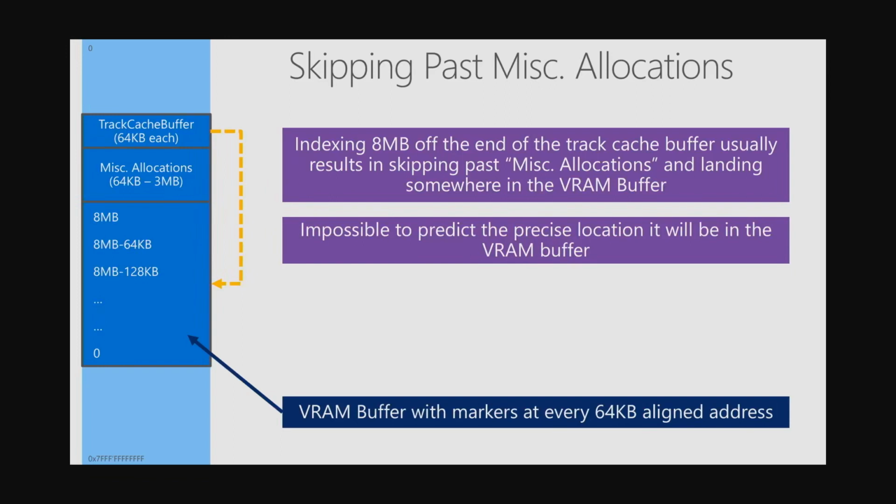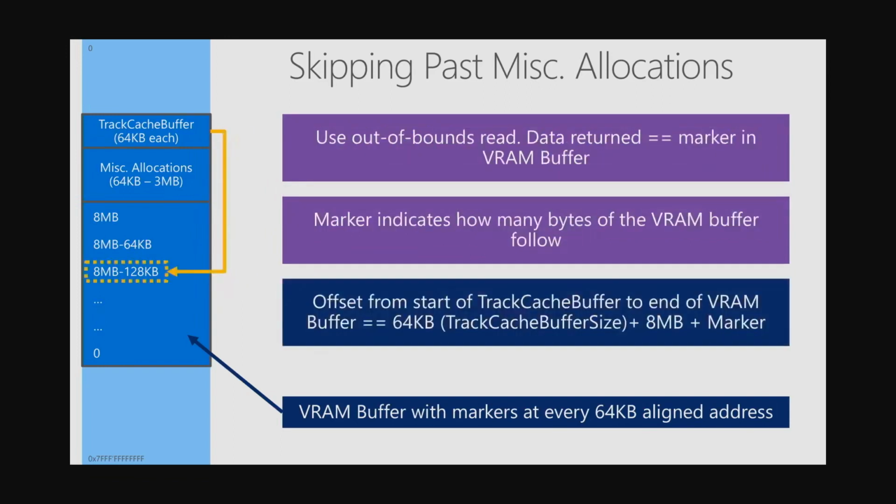So what I can do here is use my out-of-bounds read to read 8 megabytes off the end of that buffer, and then read the marker that I wrote into the VRAM buffer. That will tell me how far into the VRAM buffer I am. Once I know how far into the VRAM buffer I am, I know how much further I need to read out of bounds to get to the end of that VRAM buffer.